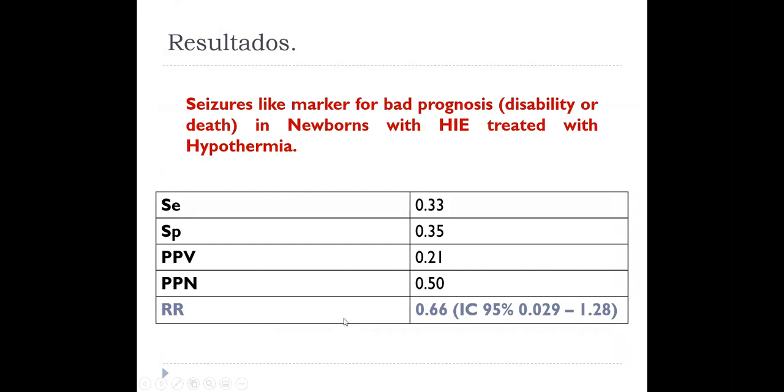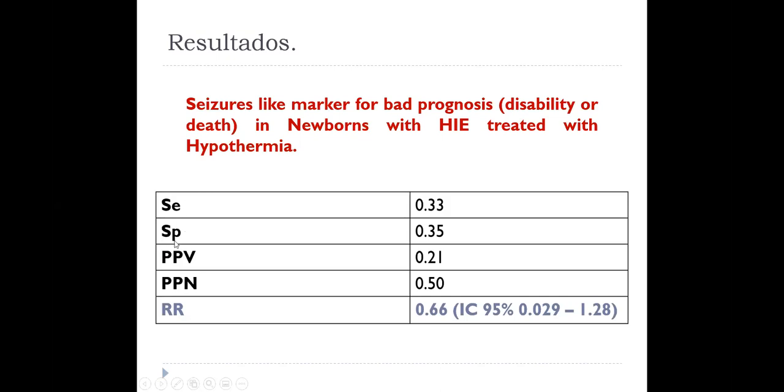When we made this investigation, seizures as a marker for bad prognosis, disability, or death in newborns with hypoxic ischemic encephalopathy with hypothermia, we found that the seizures during hypoxic ischemic encephalopathy treated with hypothermia are not a marker of bad prognosis.